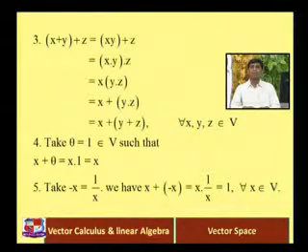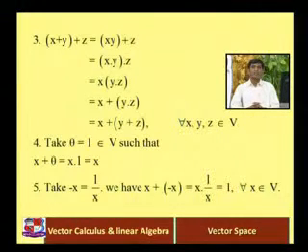So we use that: x into y into z is equal to x into, in brackets, y into z. Okay, we use that property for real numbers. And now we use the definition for addition, that x into, in brackets, y into z, can be written as x plus, in brackets, y plus z. So quite easily we can prove the associative property for addition. Okay, and that is also true for all x, y, z belongs to V.